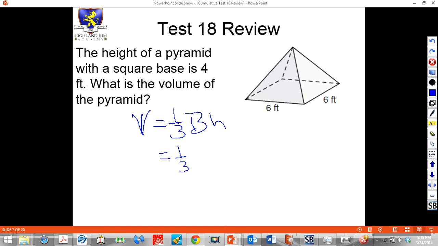A 6 by 6, we'll go 6 by 6 for starters, times the height, and it says the height is 4 feet. So 1/3 of 6 by 6 is going to be 12, times 4 is equal to 48 cubic feet.